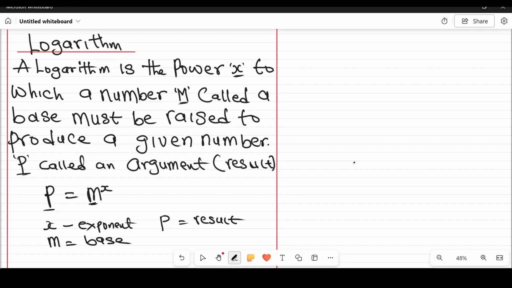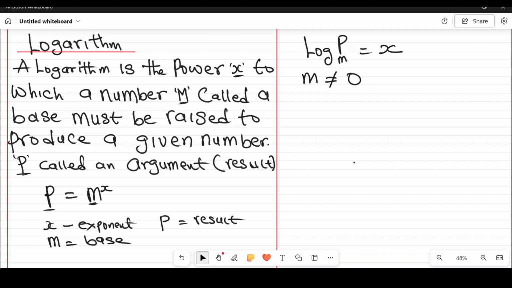So if that is true, we can now say that the logarithm of p to base m is equal to x. That means when we take the logarithm of p to base m, our value is equal to x, provided that the value m is not equal to 0.